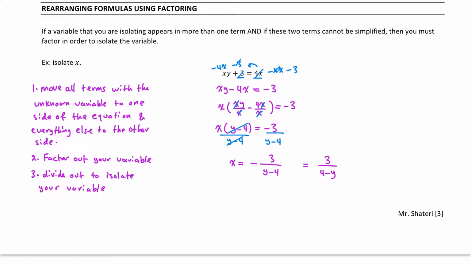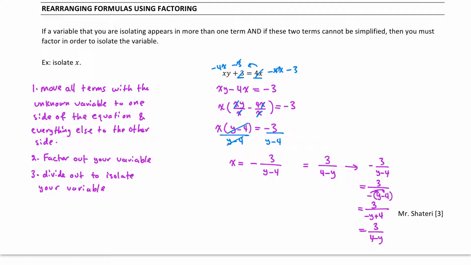And these two are pretty much the exact same thing, and the reason for it is, I'll write it out here, -3 over y minus 4 is equal to 3 over... You can bring the negative to the denominator, and then you can distribute the negative to both terms, and you get 3 over -y plus 4, which is equal to 3 over 4 minus y.